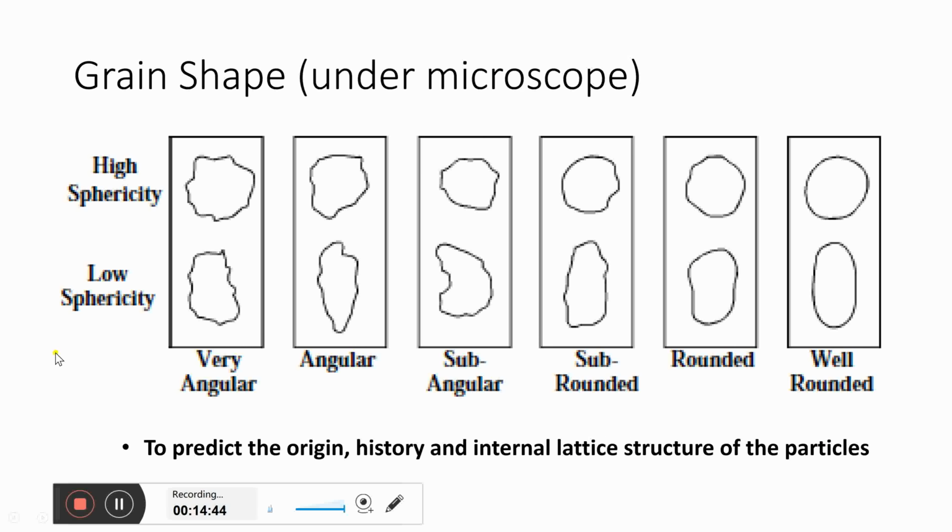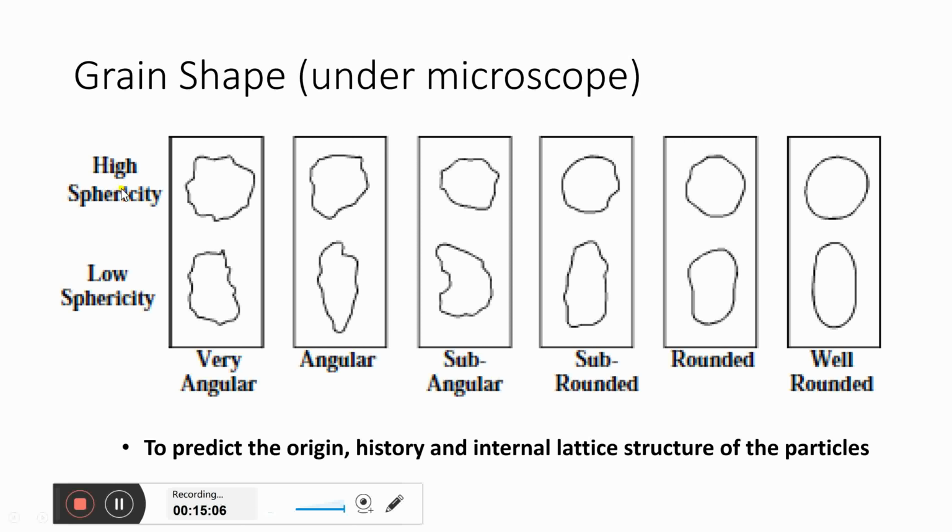Okay. After grain size, the other important parameter is grain shape, and this shape can be observed under a microscope, or even some rocks you can observe with your hand lens as well. Here are different terminologies for their roundness, like high sphericity or low sphericity.